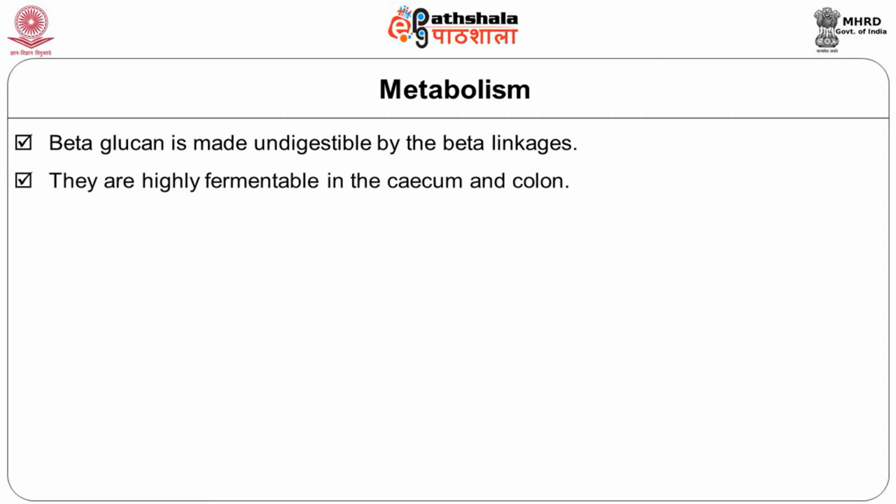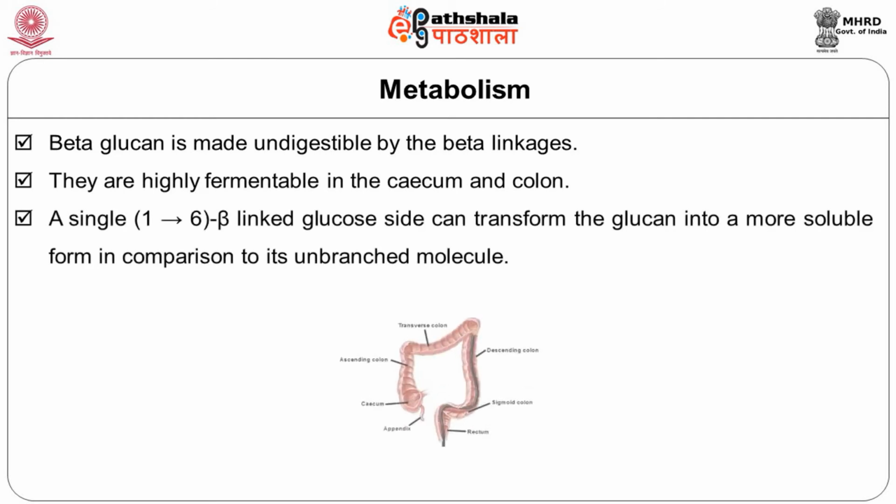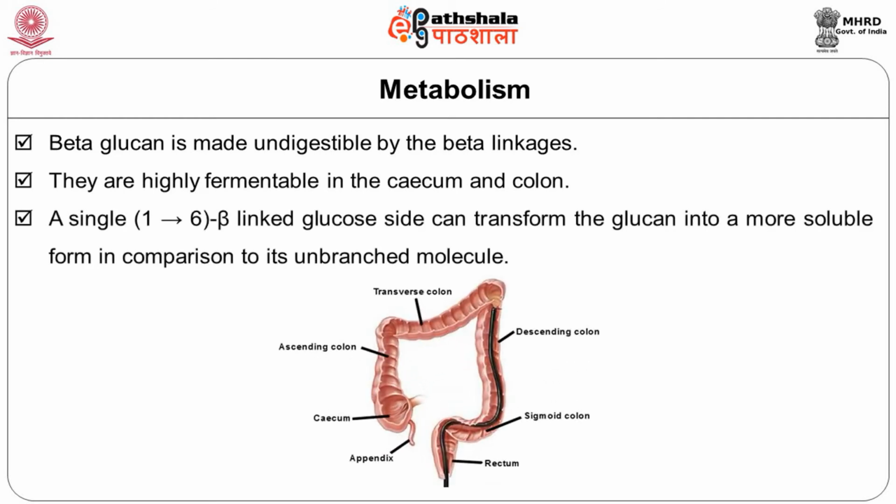The composition of the side substituted branches and the frequency of these branches also determine the solubility of beta-glucan molecules. A single 1 to 6 beta-linked glucoside can transform the glucan into a more soluble form in comparison to its unbranched molecule.